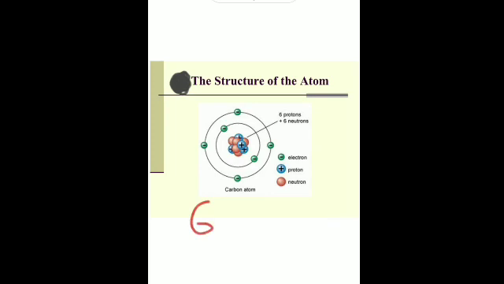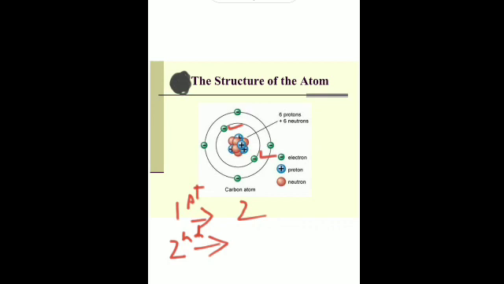So in the first shell how many can be accommodated? 2. And in the second shell, how many? Now 6 minus 2, how many are left? 4 are left.